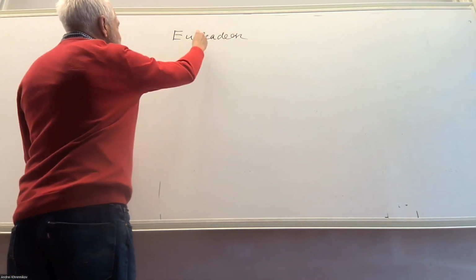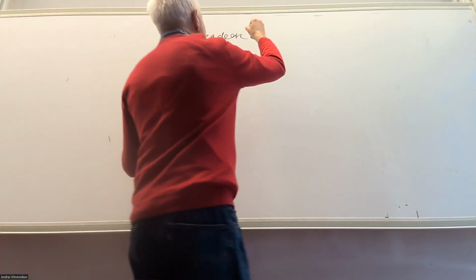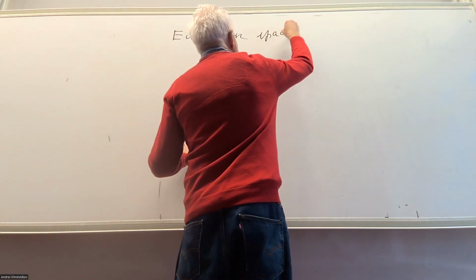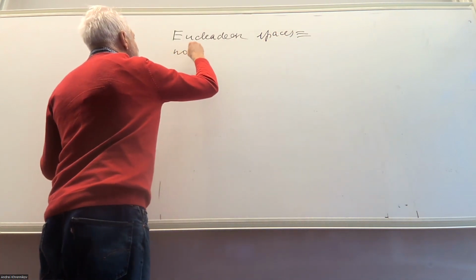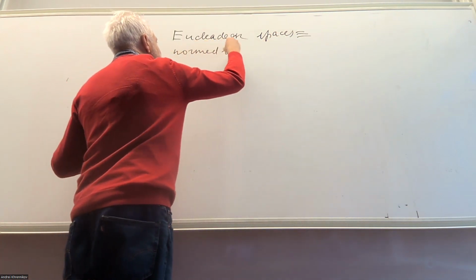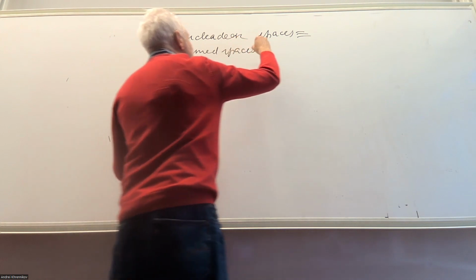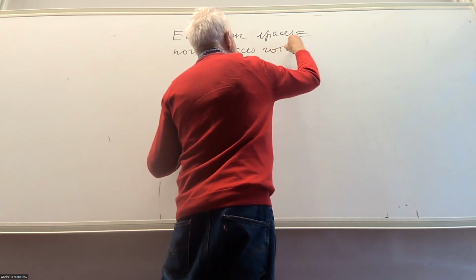Euclidean spaces are the same as normed spaces with a scalar product.